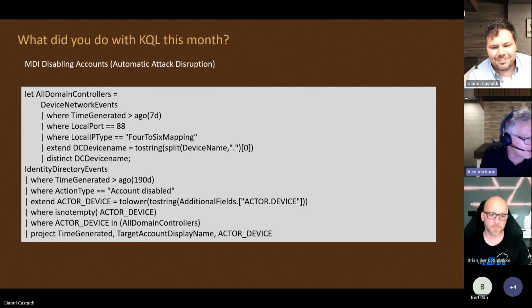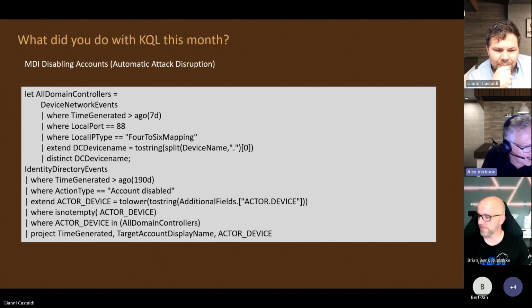So I basically borrowed the domain controller query to identify all domain controllers, and then I go to the identity directory events where there's an action of account disabled.